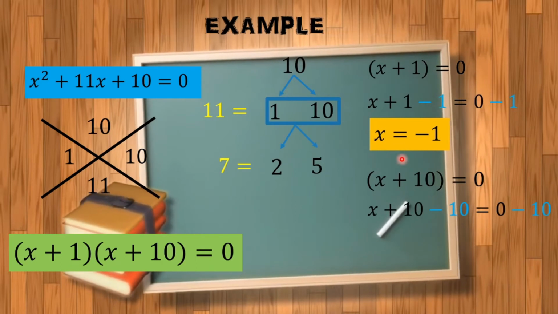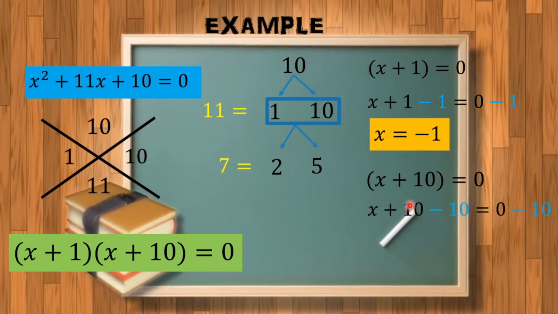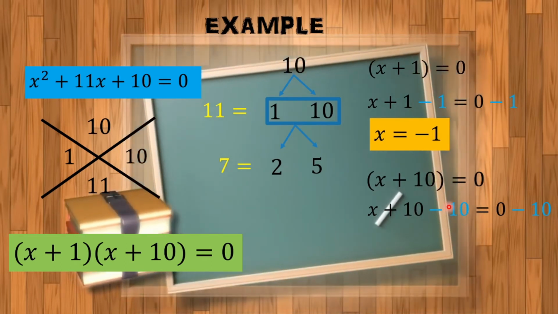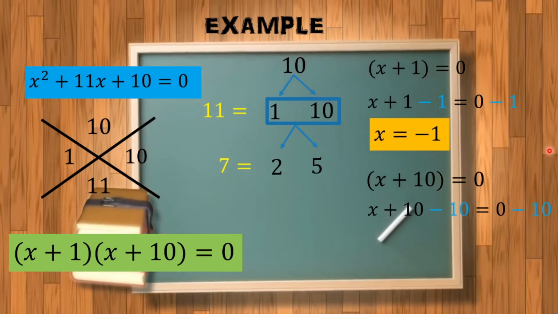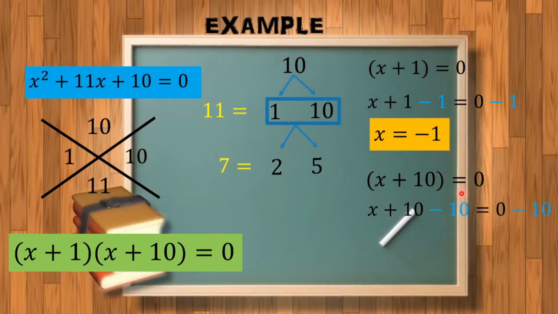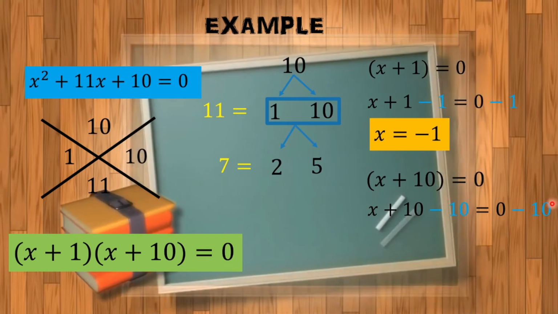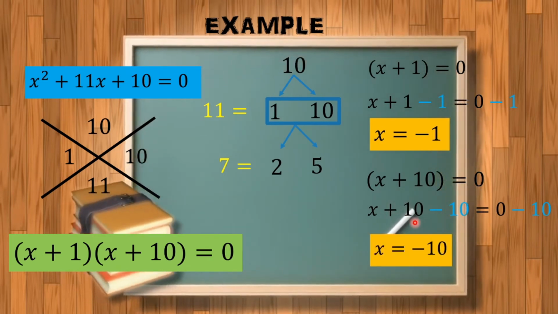Then for x plus 10 is equal to 0, again by using the addition property of equality, we put -10 on both sides, because we need to transfer the positive 10 to the right side. To do that, we put the opposite sign of the number, so that is -10. Now perform the operation.